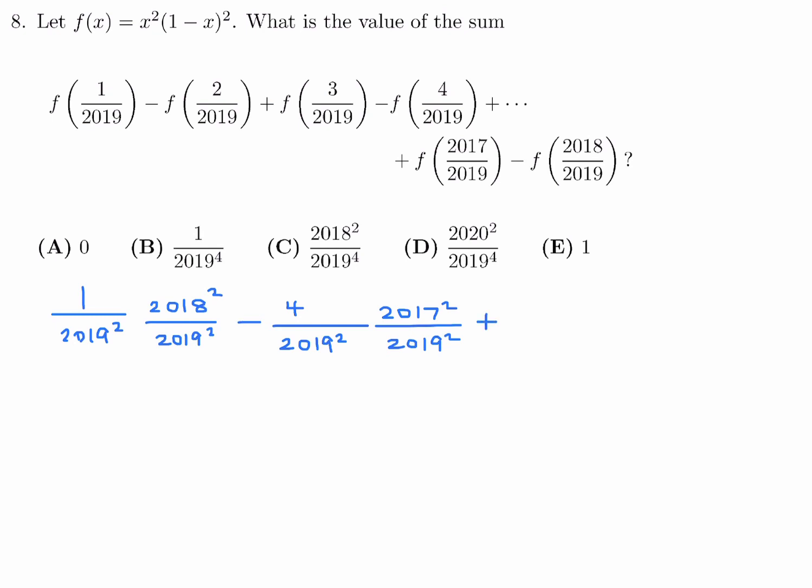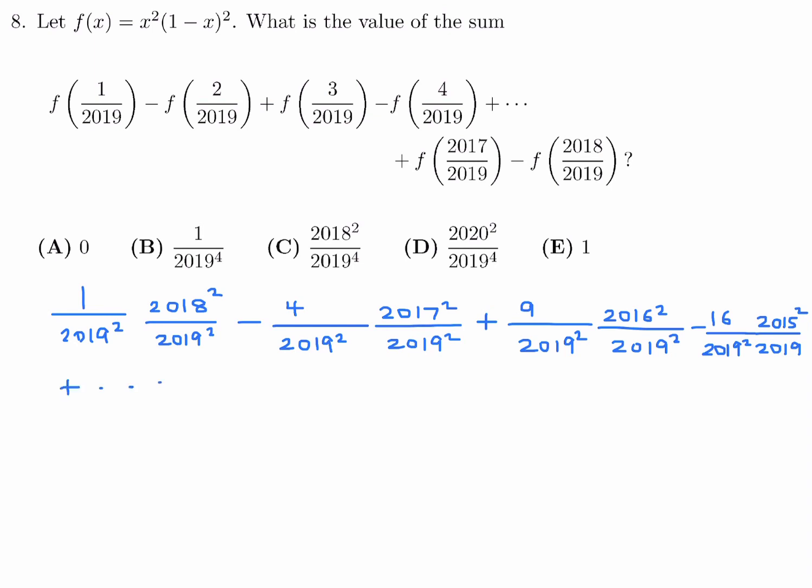So that's going to be 9 over 2019 squared times 2016 squared over 2019 squared. Now, we can keep going, and I'll just write one more: 16 over 2019 squared, and then 2015 squared over 2019 squared. So it keeps going like that, plus dot, dot, dot.